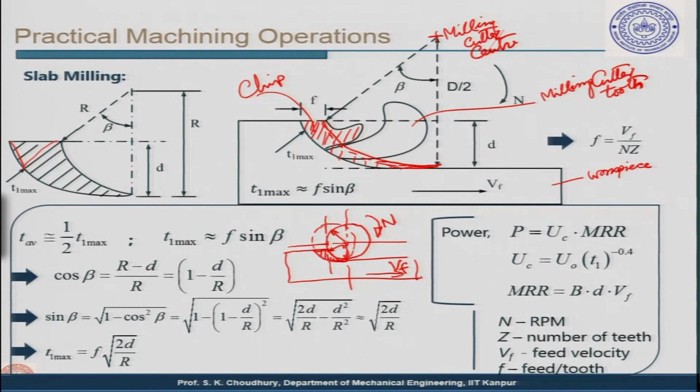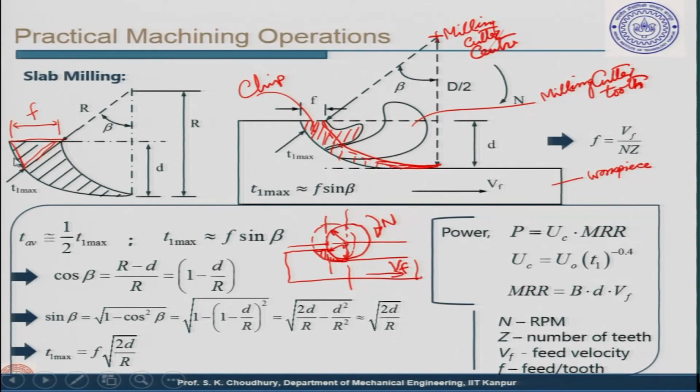In this triangle, of course, you understand that this is f, this is T1 maximum. So, this will be approximately f into sine of beta. Now, it is approximate because we have assumed this to be a straight line.